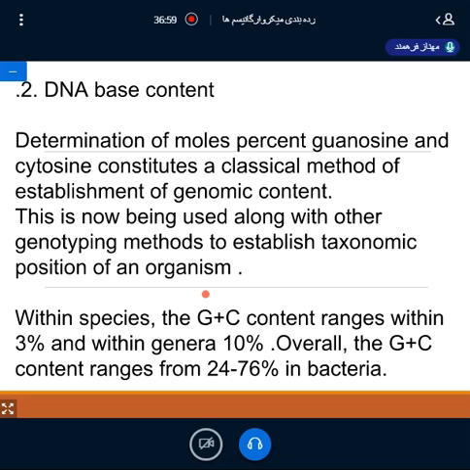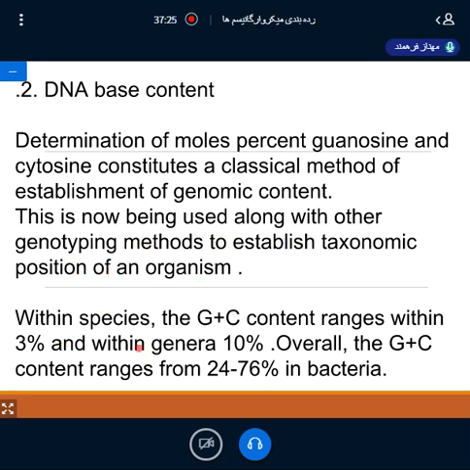And if they have similar percentage of guanine plus cytosine, they are related to each other and they have phylogenetic relationship. This is now being used along with other genotyping methods to establish taxonomic position of an organism.